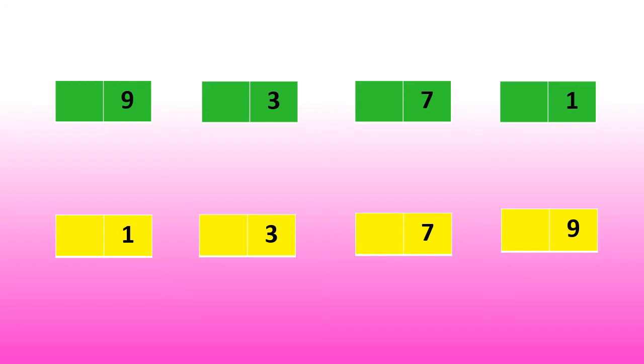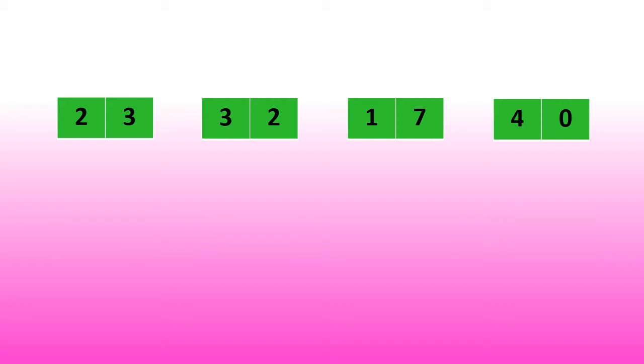Now, let's take a look at another example. Now, let's take a look at these numbers. Let's read them together. 23, 32, 17 and 40. We can see that all these numbers are two-digit numbers. So now, how will we find the smallest number out of these 4? Yes, we will compare the digits at the tens place.